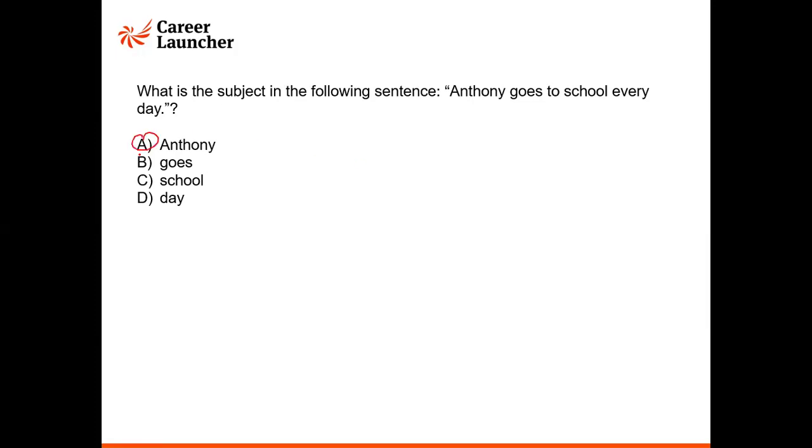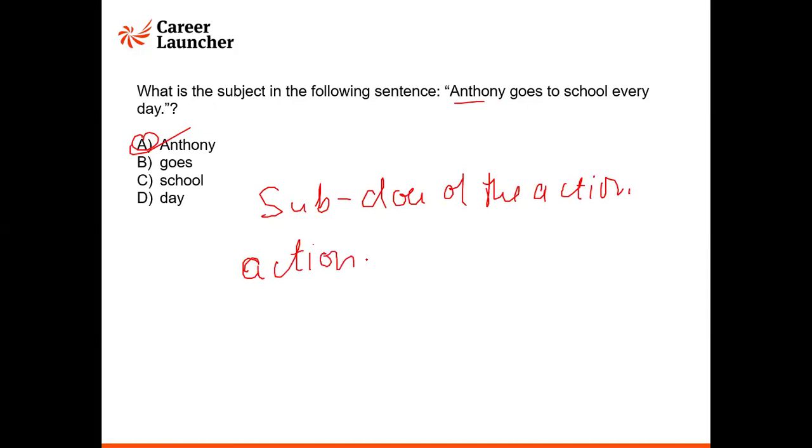Absolutely correct. Now, in this case, as you can see, the subject is nothing but, how do we define it? The subject is the doer of the action, right? So whoever is performing the action, and the action is basically the verb. So here "goes" is the action, that's the verb. All you need to do is ask yourself who or what is doing the action, and that will tell you the subject here. So who's going to school? Obviously, Anthony is going to school, and that tells me that it is the subject out here. Are we clear here, everyone?